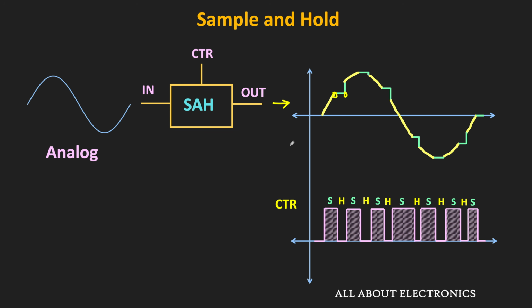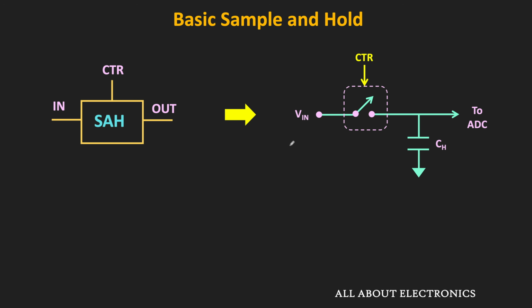Now, let us see the basic components of the sample and hold circuit. The two key components are the switch and the hold capacitor. Whenever the sample command is given to the switch, the switch remains in the closed condition, and at that time this hold capacitor follows the input signal.